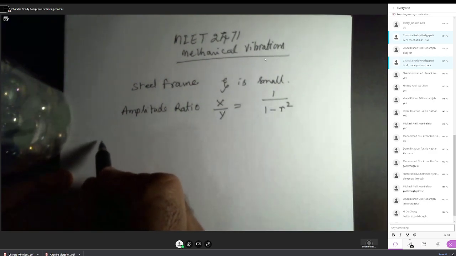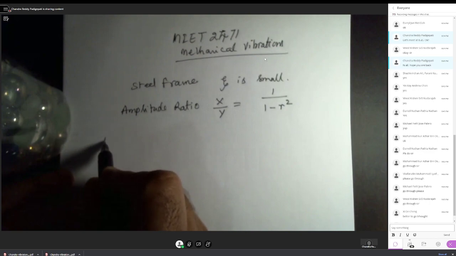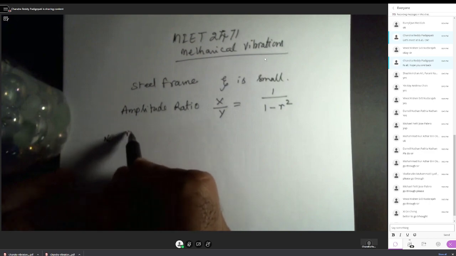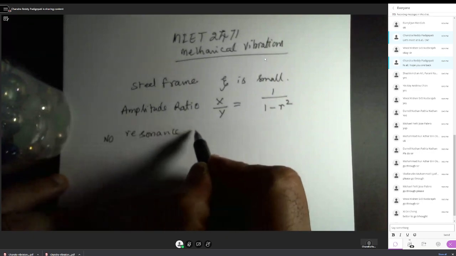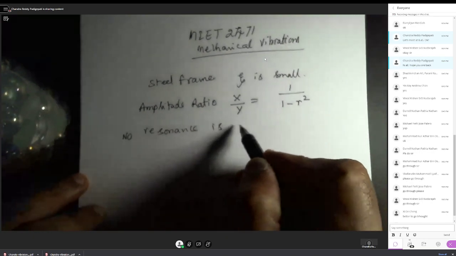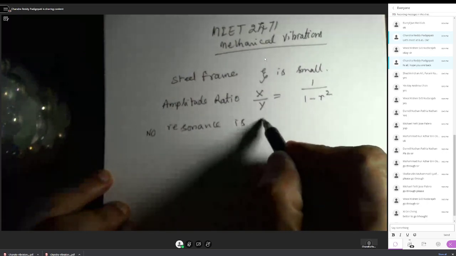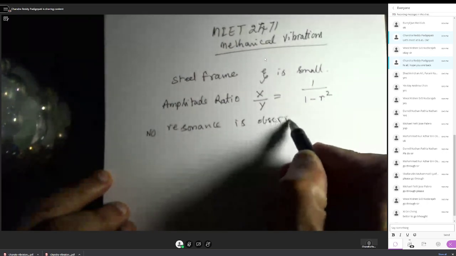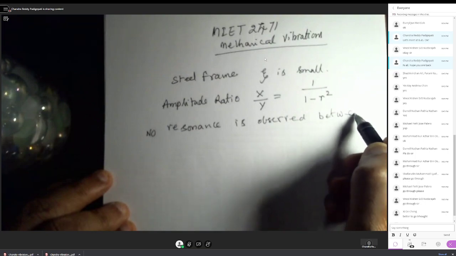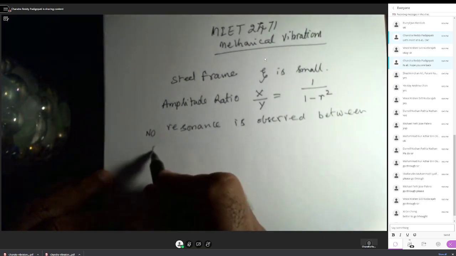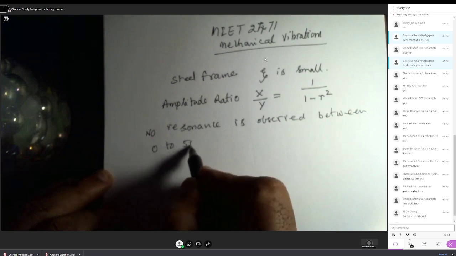And also, from the description, no resonance is observed between 0 to 500 RPM.